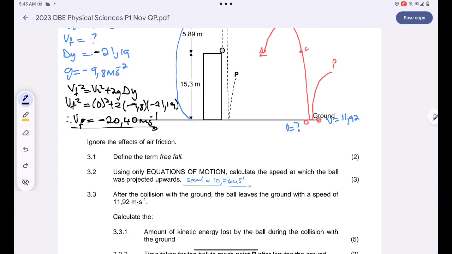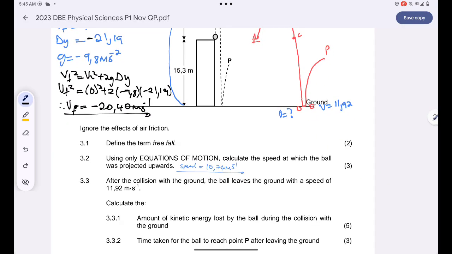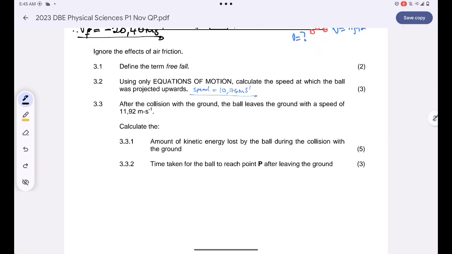Now I can easily calculate the change in kinetic energy for me to find the energy lost. How can I do so? The energy lost is equal to the change in kinetic energy, right? Change in kinetic energy is simply the kinetic energy final minus the kinetic energy initial.